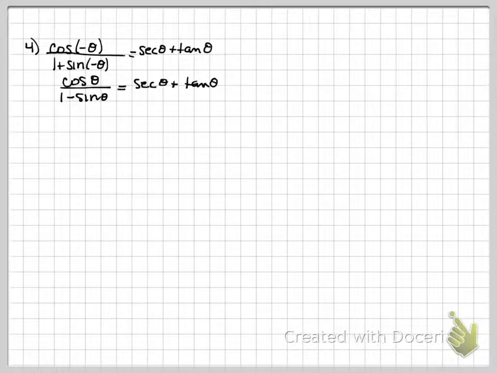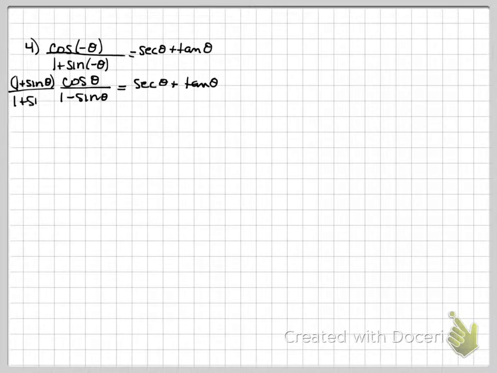And if I just kind of glance at my right side, both secant and tangent have cosine in the denominator. So I need to figure out a way of getting a cosine in the denominator. So looking at this, probably the best way to do it is I'm going to multiply by the conjugate of my denominator. So I'm going to multiply the top and the bottom by 1 plus sine theta.